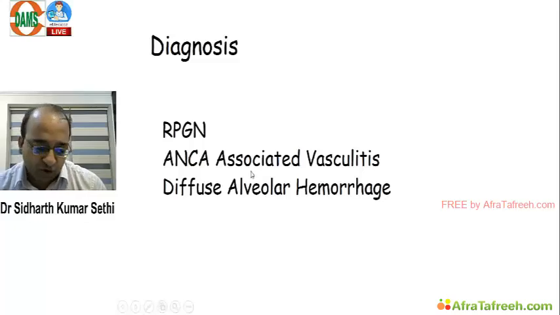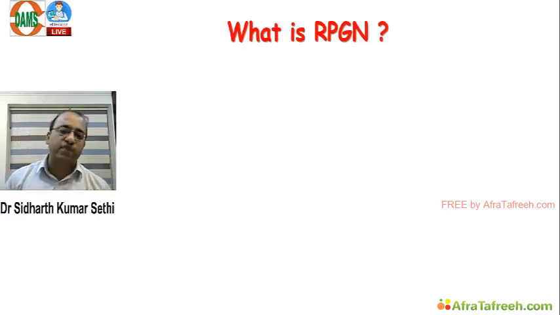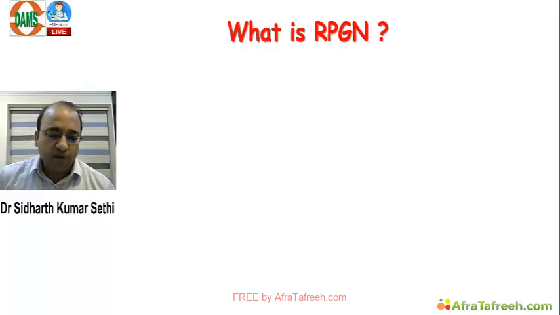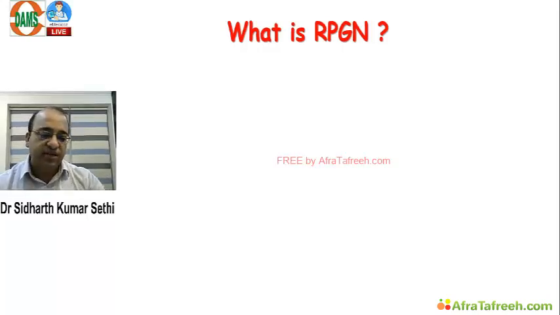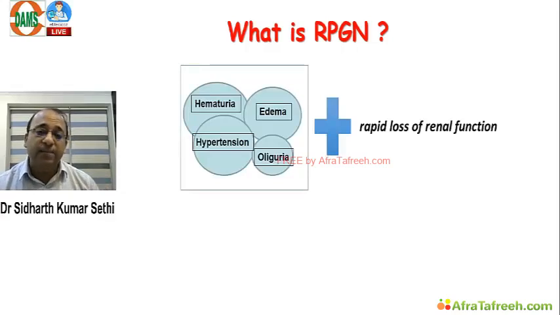Okay, students, why am I talking about this? Because before I finish off my class, I want you to know what RPGN is, because this clinical vignette always comes in your exams. It is nephritic syndrome plus rapid deterioration of kidney function.